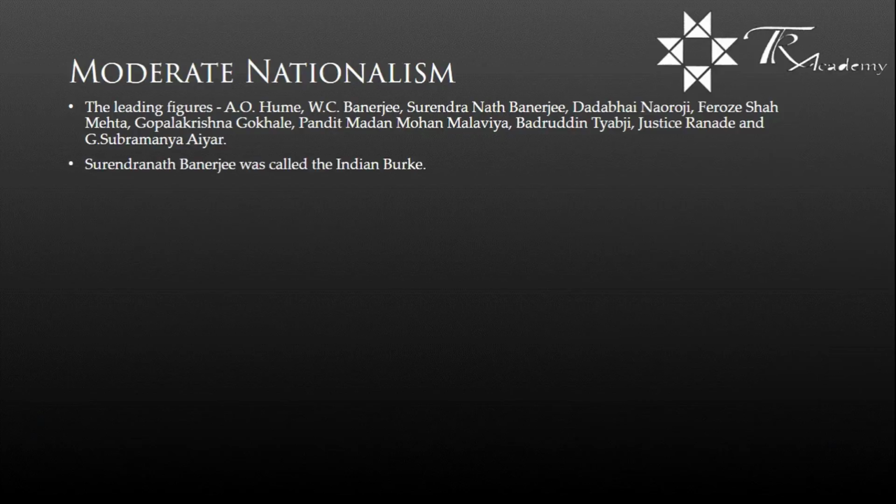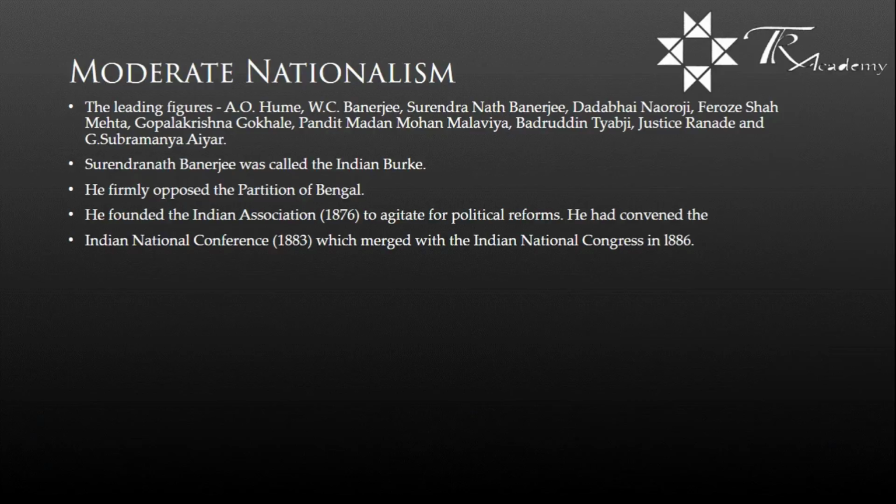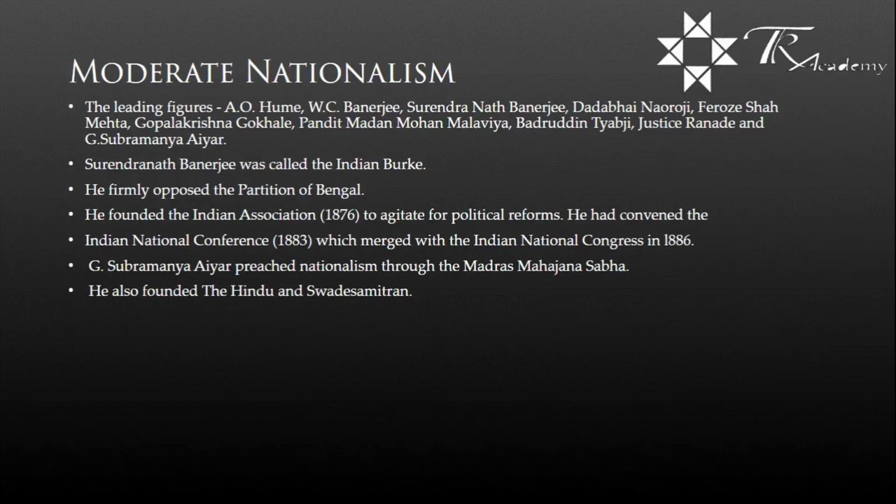He firmly opposed the partition of Bengal. He founded the Indian Association in 1876 to agitate for political reforms. He had convened the Indian National Conference in 1883, which merged with the Indian National Congress in 1886. G. Subramania Iyer preached nationalism through the Madras Mahajana Sabha. He also founded The Hindu and the Swadesamitran.